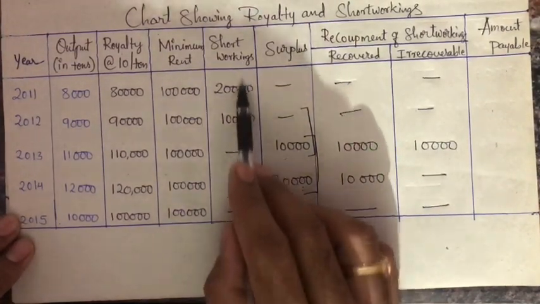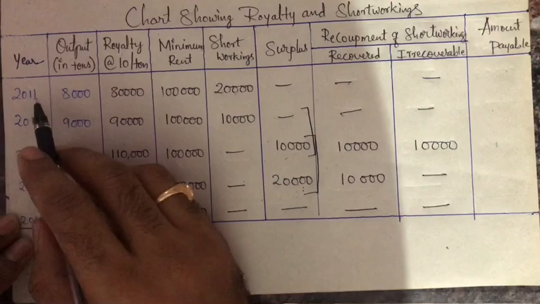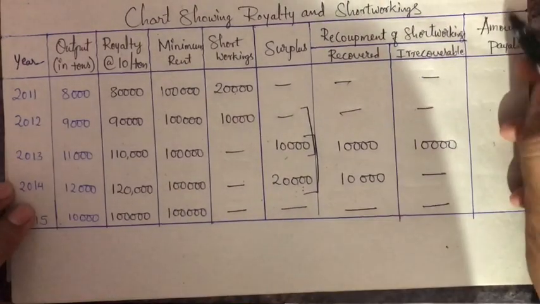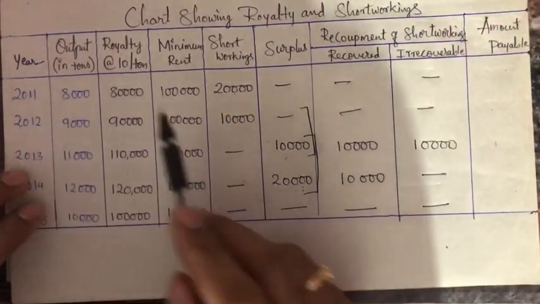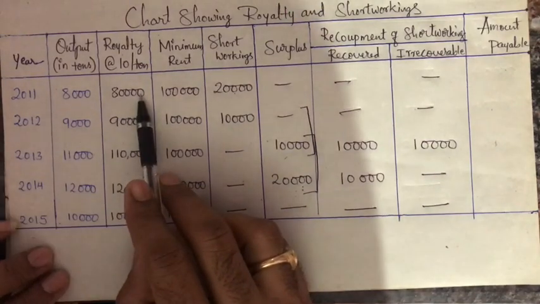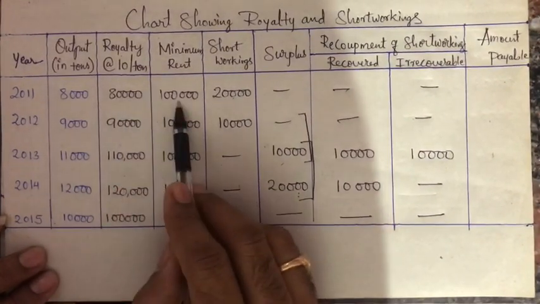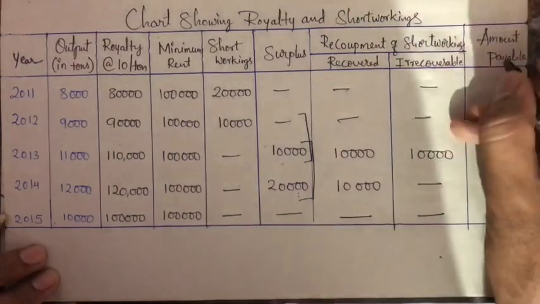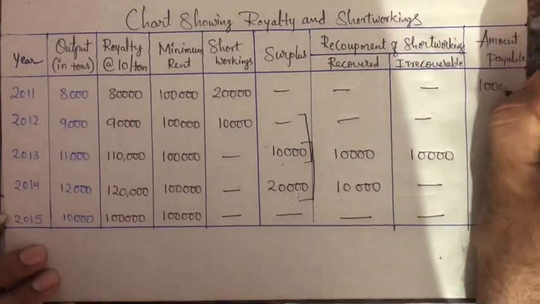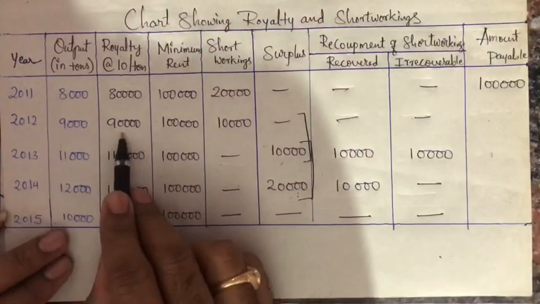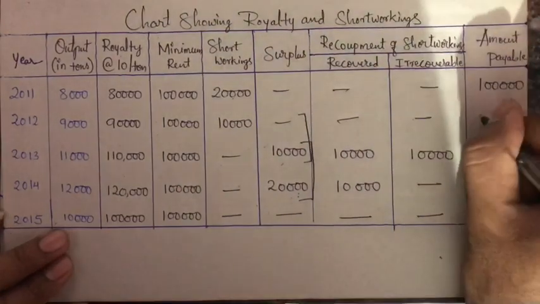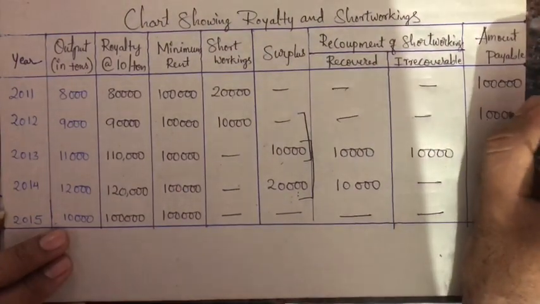After these two short workings, how much amount should be payable here? You have to cross check both royalty as well as minimum rent, whichever is higher. Royalty or minimum rent, minimum rent is greater, right? So you have to pay the minimum rent here, 1 lakh. Here also minimum rent is higher, so you have to pay the minimum rent 1 lakh.